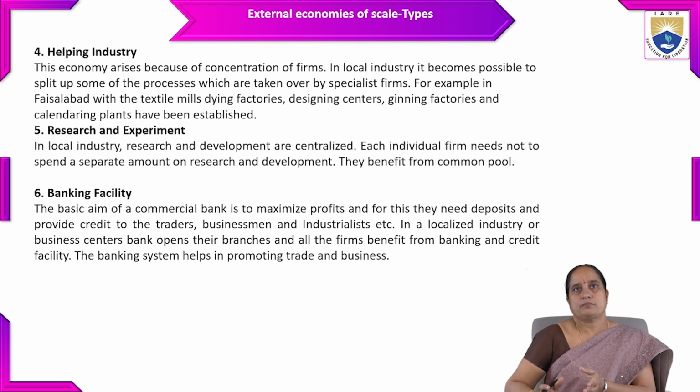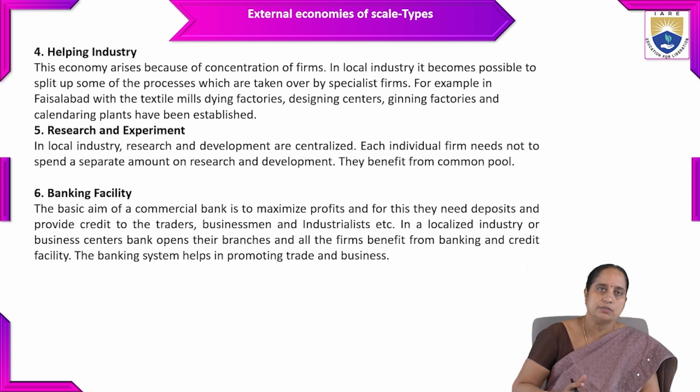That's how the companies help each other in the particular industry or segment. The next, research and experiment. In local industry, research and experiment or development are centralized. So each individual firm need not spend a separate amount on R&D. They benefit from a common pool.